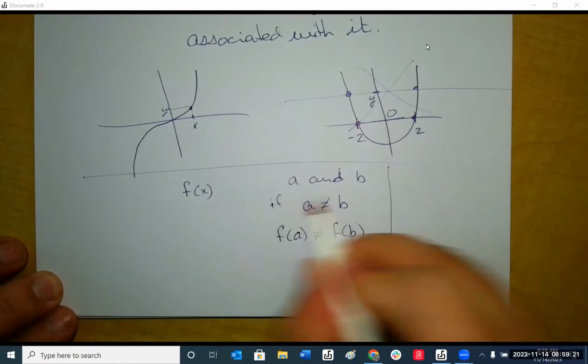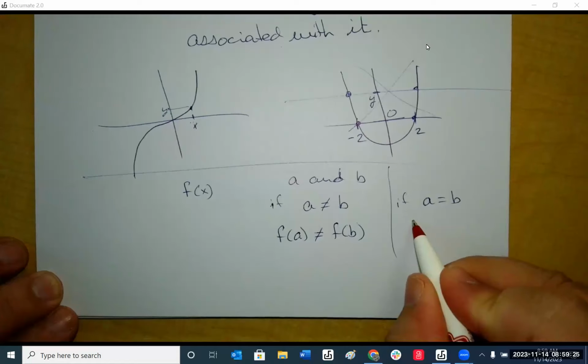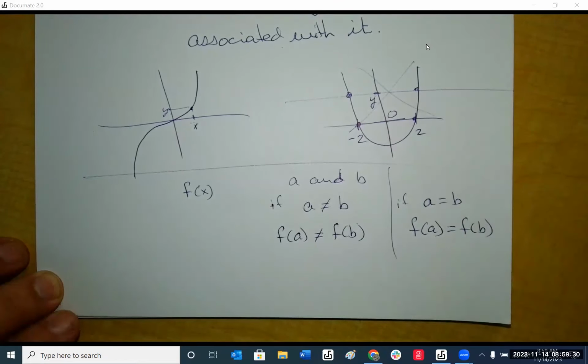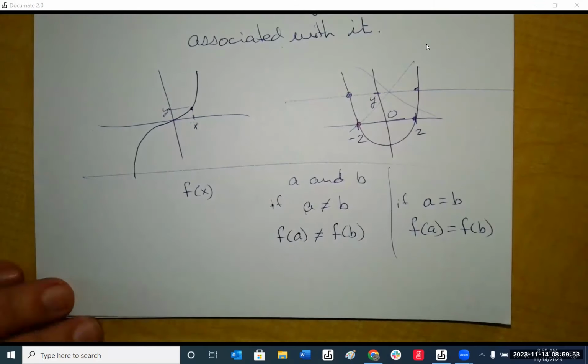If a equals b, then f of a has to equal f of b. That's how you test 1-to-1-ness. If I plug in 2 different numbers, I have to get 2 different answers. If I put the same number in, I have to get the same answer. That's the only way I get the same answer. So that's what that's saying.